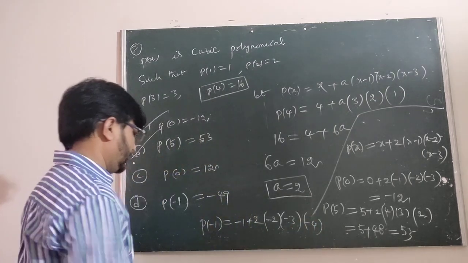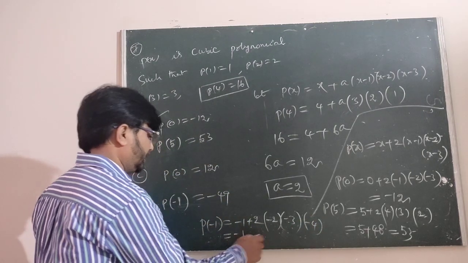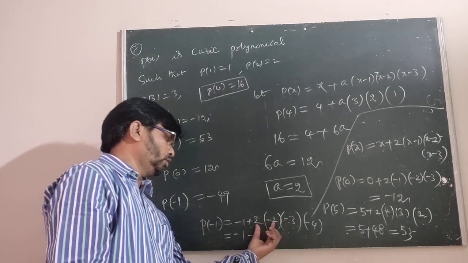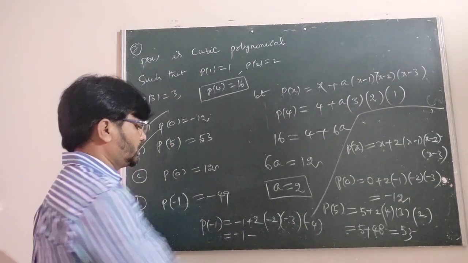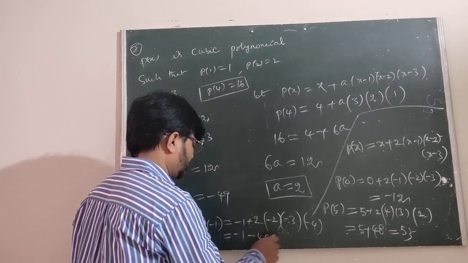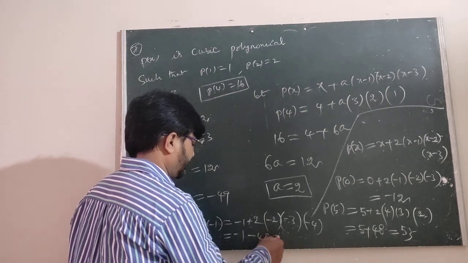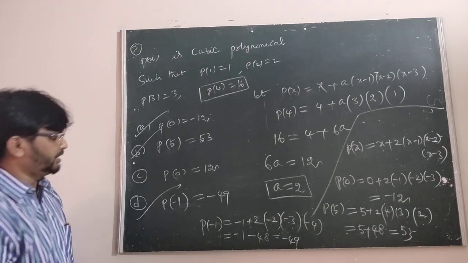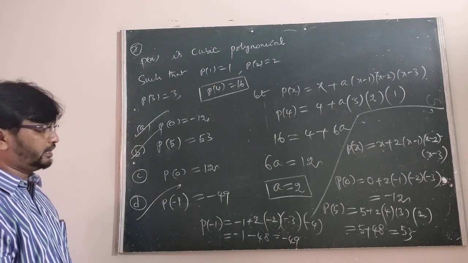Now this is minus 1 plus, minus into minus is plus, plus into minus is minus, 2 into 2 is 4, 4 into 4 is 16, 16 times 3 is 48. Now this is minus 49. P of minus 1 is minus 49. In this case 3 options are correct.